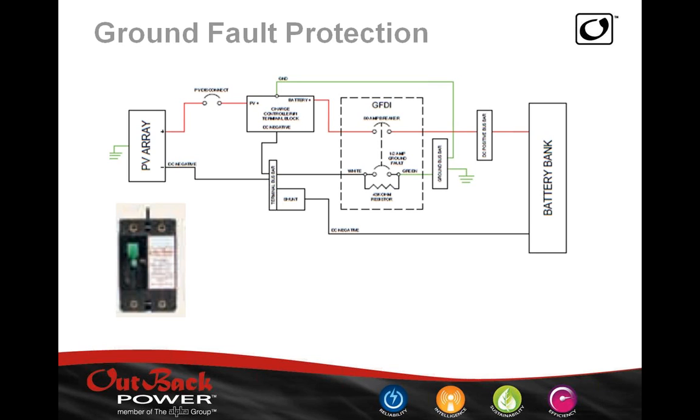Now, once you get beyond 4, you can parallel more GFDI breakers, and UL allows you to continue doing that because the permissible fault current gets bigger in proportion to the PV array. So they allow up to 1 amp at 25K, up to 2 for 50K, and so on.